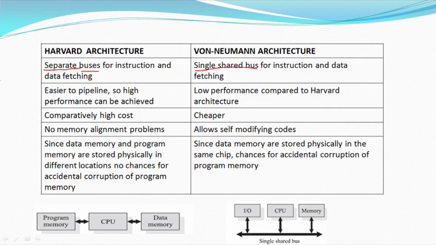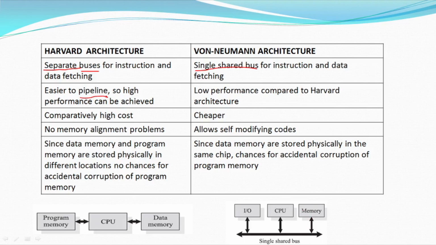As soon as you know the components are different and the wires are different, immediately you should know that pipelining becomes easy in case of Harvard architecture, because these two tasks can be considered as two separate tasks. While here it doesn't become two separate tasks because you will be using the same connection to get the data.